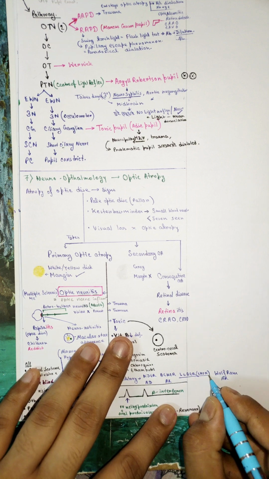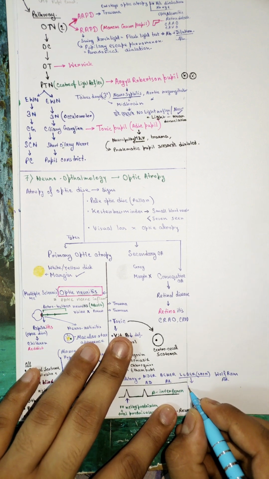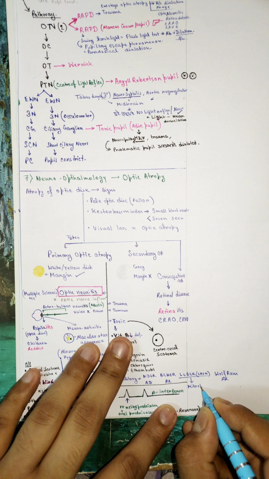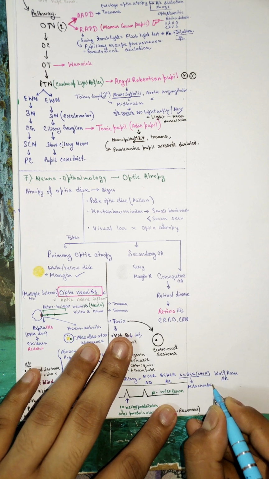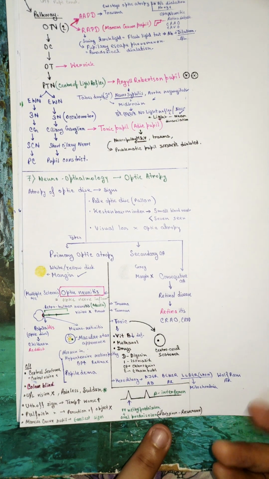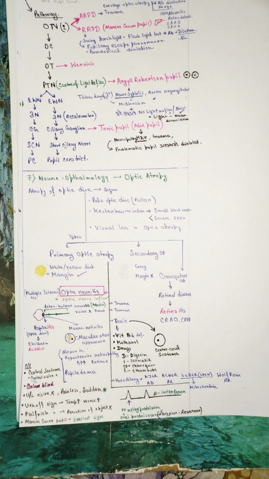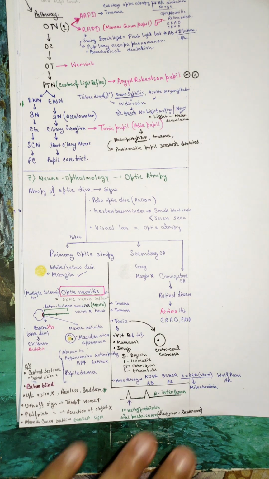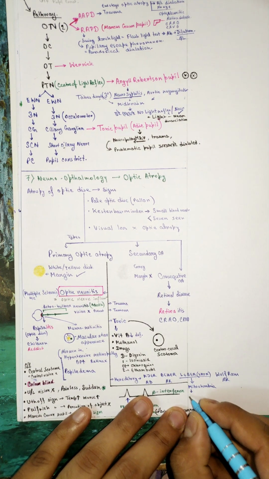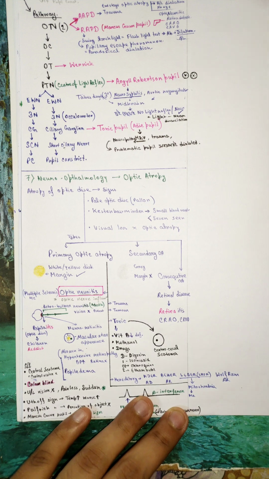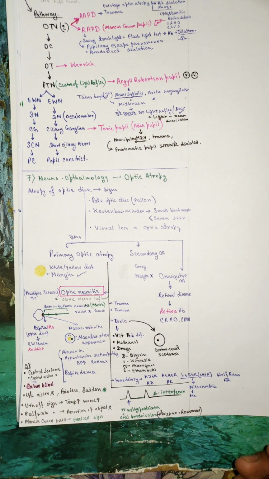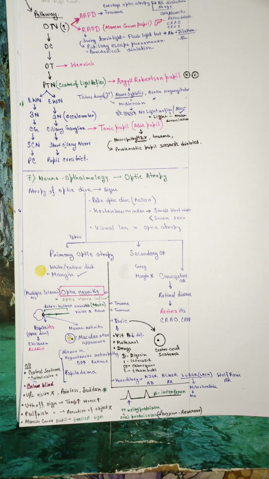Leber is interesting. It is by mitochondria. It is a mitochondrial disease, and mitochondria comes from where? It comes from the ovum, and the ovum comes from the mother. So it is maternal transmission. So what will happen here? Mainly bilateral painless vision loss, no inflammation, primary optic atrophy, no treatment, obviously.